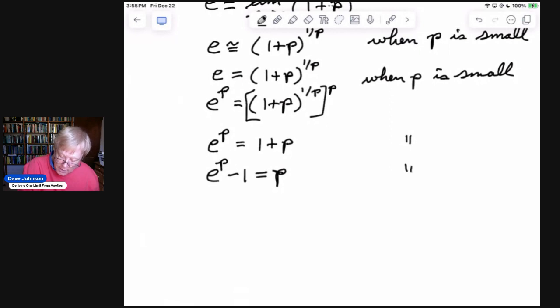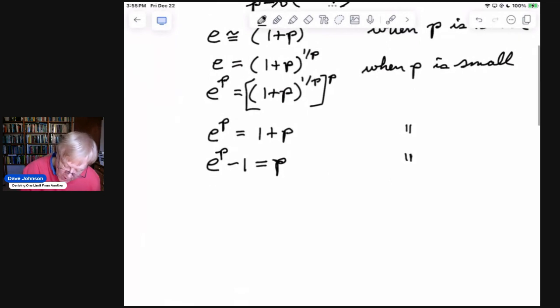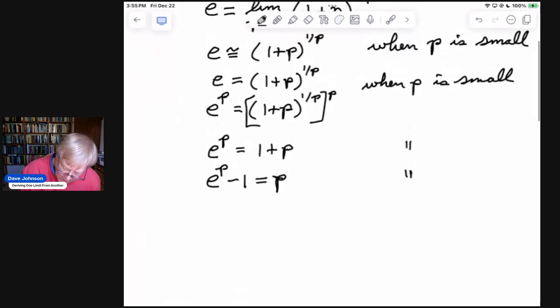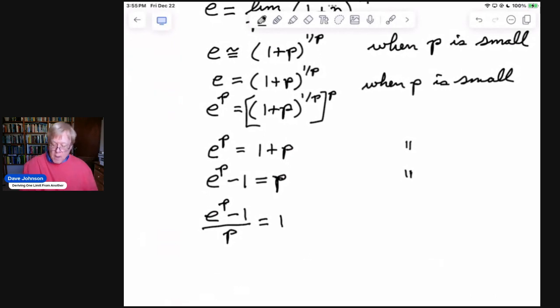So I'm using the ditto marks here, when p is small, when p is small. And then now I'm going to divide both sides by p. So e to the p minus 1 divided by p is equal to 1. But that's only true when p is small.